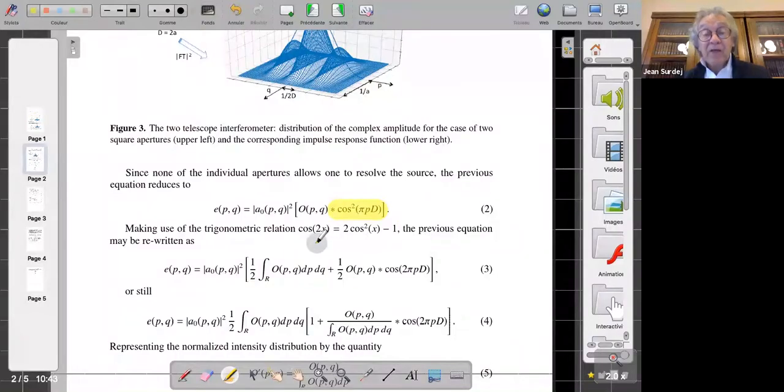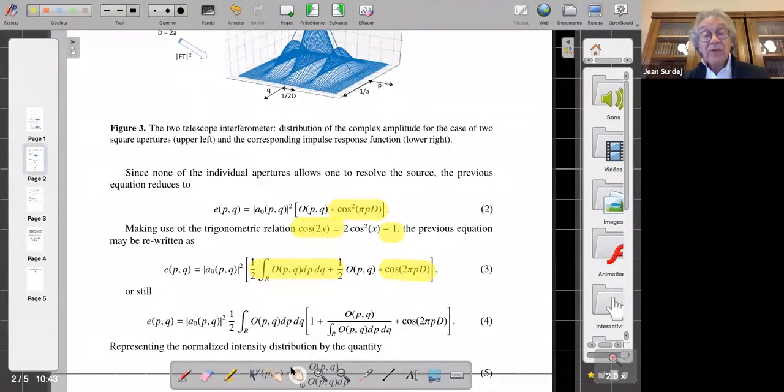You see appearing here a cosine of 2 pi pd, which is this quantity, and then the 1 appears in this form. And then we divide by 2, which is the factor 2 that you see here.